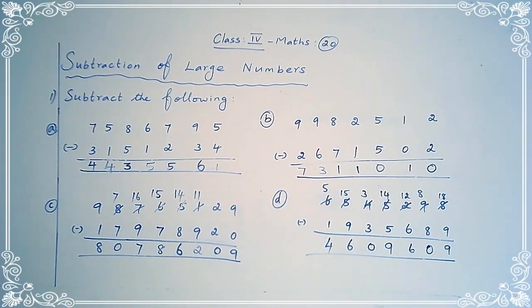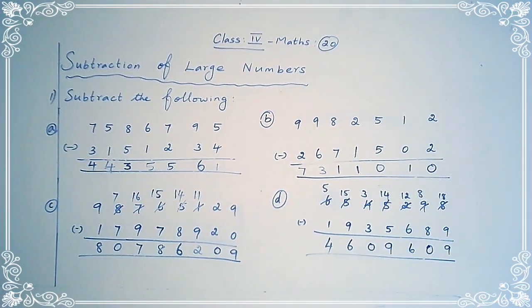Write neatly children and properly. When writing numbers, be careful. Write the numbers straight below their places. Okay? In ones place below you write ones place numbers, tens place below you write tens place numbers. Then hundreds place below you write hundreds place number.